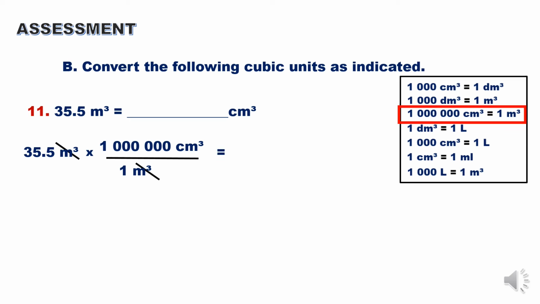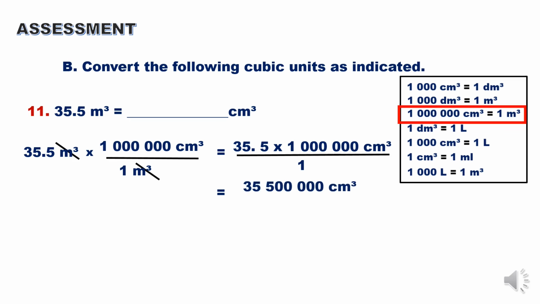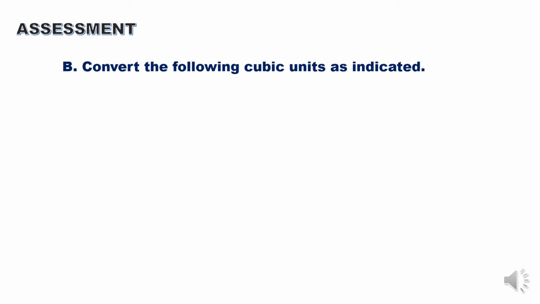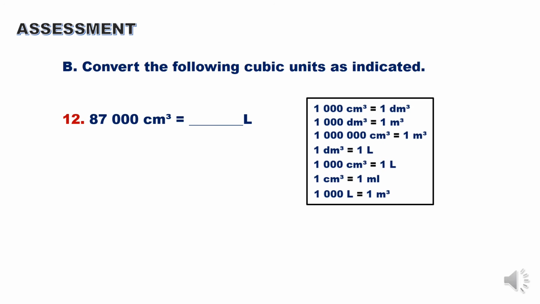Let's multiply 35.5 times 1 million cubic centimeters divided by 1, and that is 35,500,000 cubic centimeters divided by 1, same as 35,500,000 cubic centimeters. Kaya mo bang sagutan ng number 12 gamit ang ating conversion?